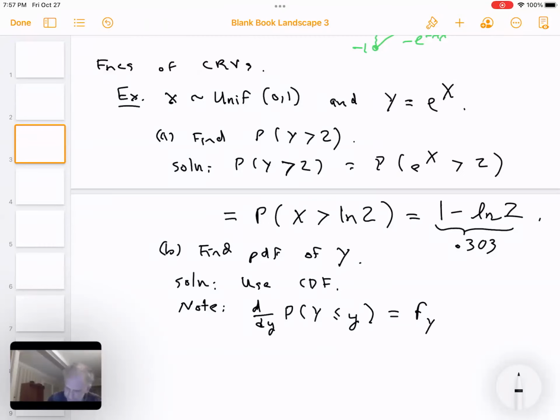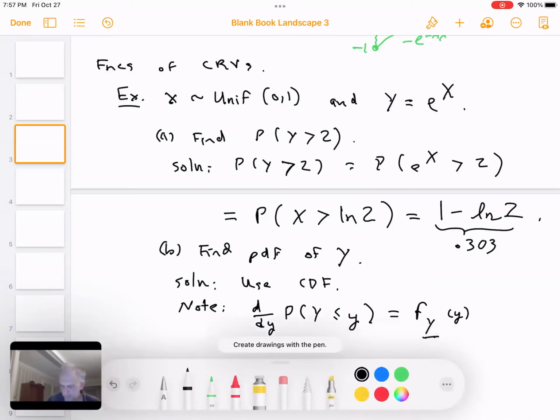I'm going to use the subscript because, as we talked before, if we have two variables, it can be confusing. This means the PDF with respect to the random variable y, as opposed to the PDF with respect to x.